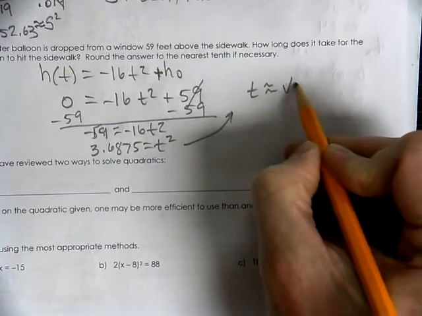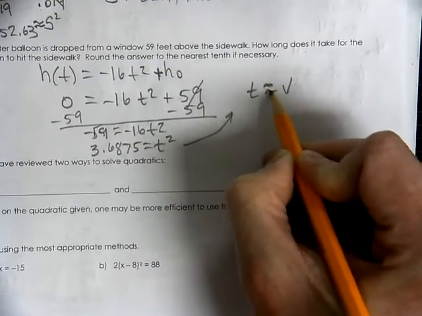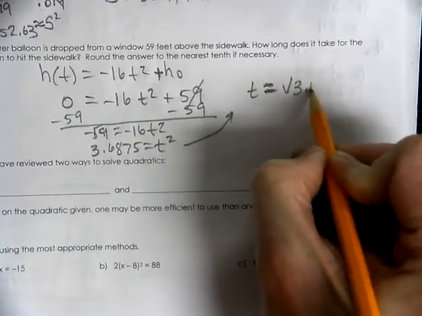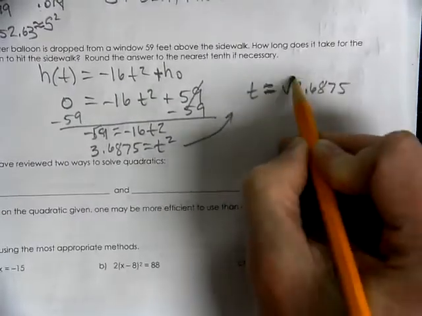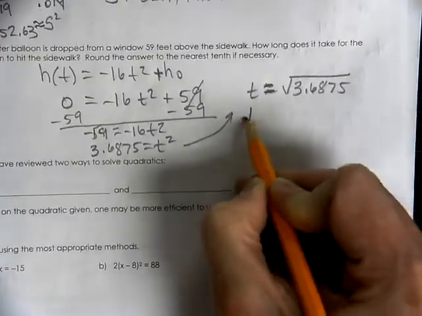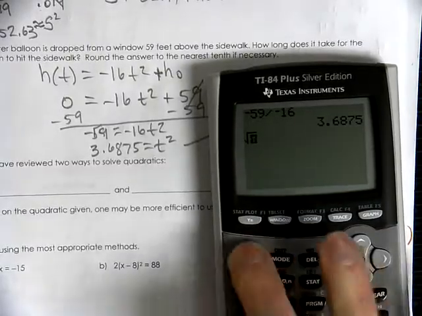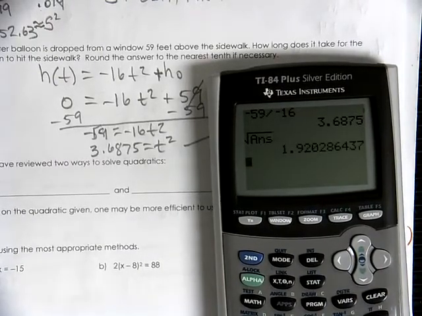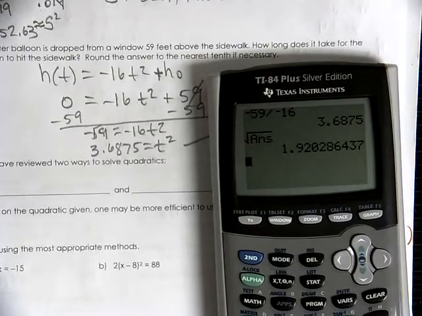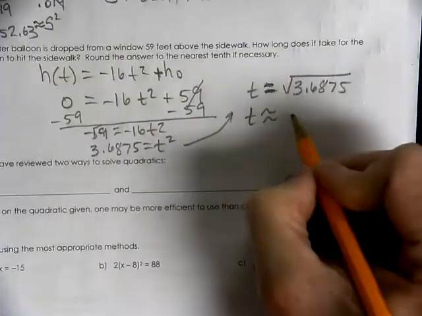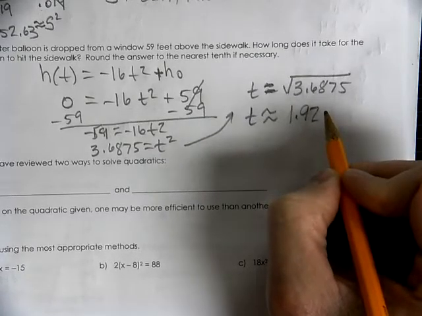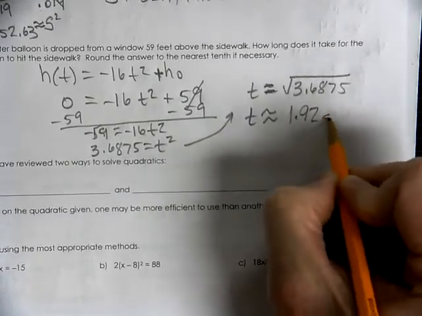The exact value is the square root of 3.6875, which is approximately the square root of the answer. Or you could type in that decimal, because it terminates. But 1.92. And our t is time in seconds.